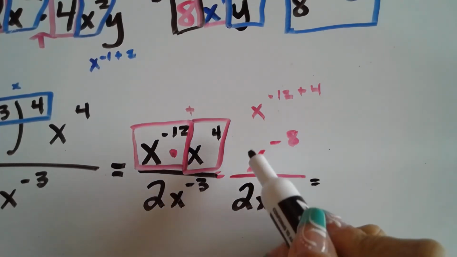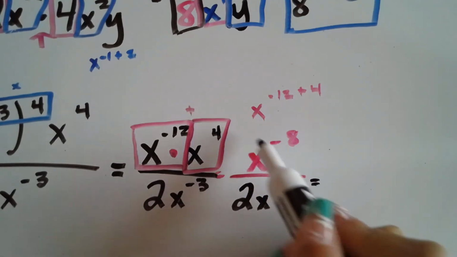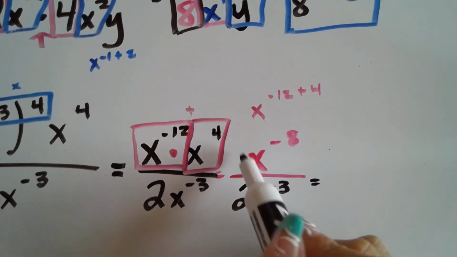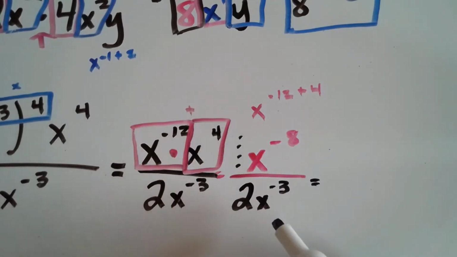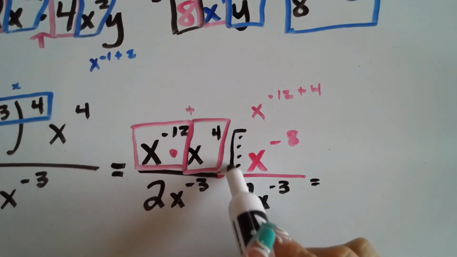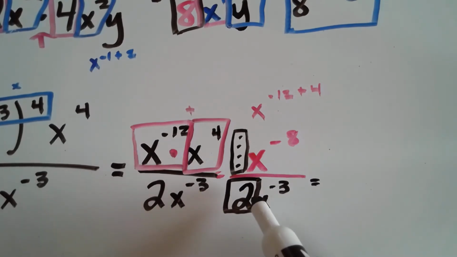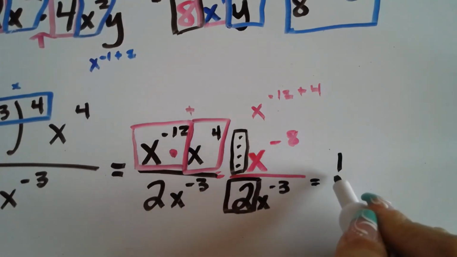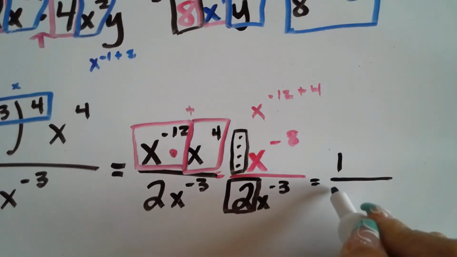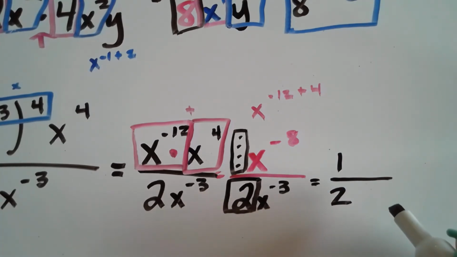So I want to identify what our coefficient here is, and we don't have one, so it's our imaginary 1. And if we did 1 divided by 2, it doesn't divide out evenly. It would be a decimal, so let's just leave it in fraction form.